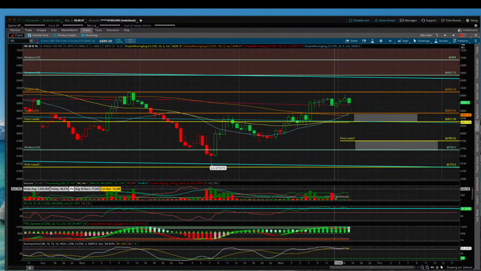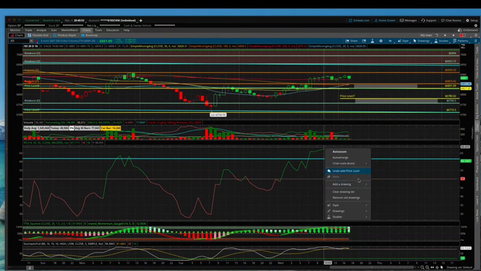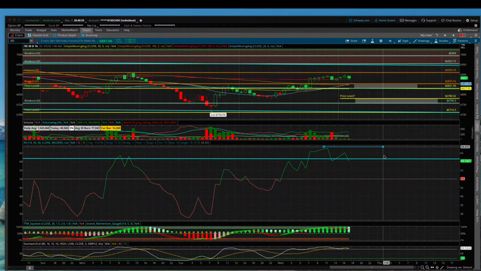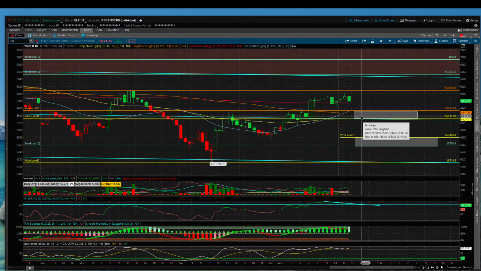I think we're going to drop for sure to those zones. We already have a bearish divergence here on the 1 hour, and this is already telling us we're going to come down to the zone here.